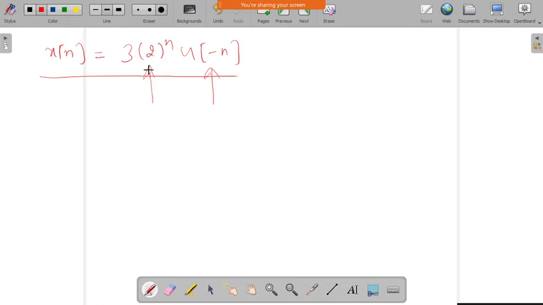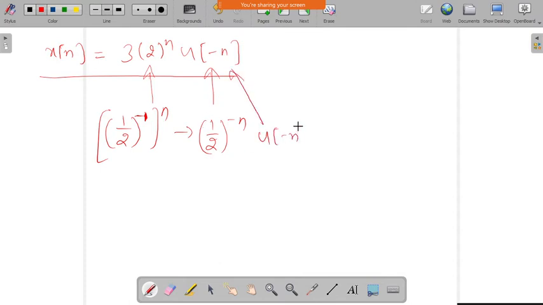Instead of 2, I can put it as 1 by 2 whole power minus 1. Can I put it like that? So instead of 2, I will put 1 by 2 power minus 1, this whole power n. So this term I can write as half power minus n, which combines with u of minus n.